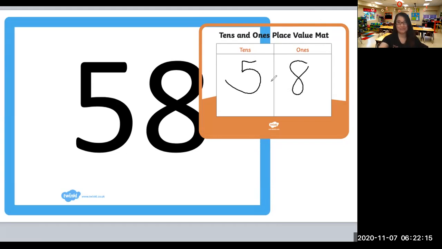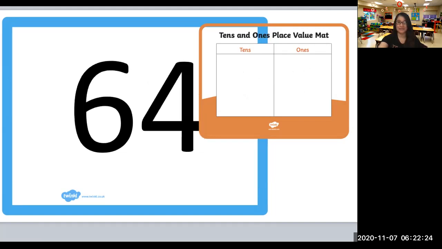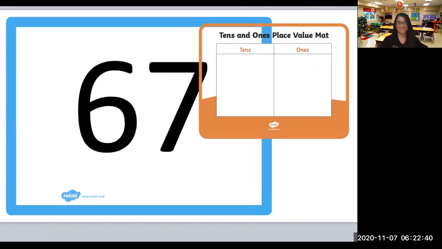So that's 5 groups of tens and 8 ones put together. You get the number 58. Very good. How about this number? 64. 6 goes into the tens and 4 goes into the ones. Good job. You're doing great.